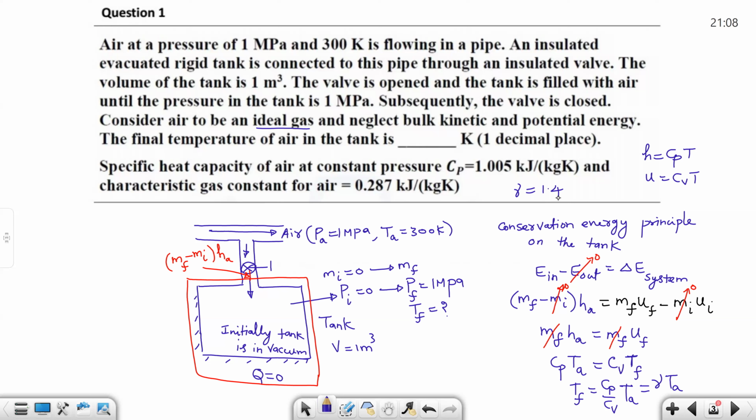If you wanted to calculate it, you can, because Cp is equal to gamma R by gamma minus 1.